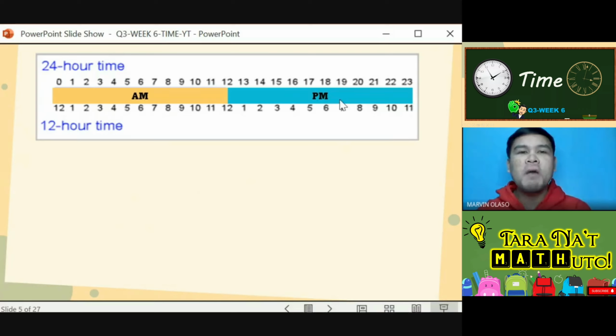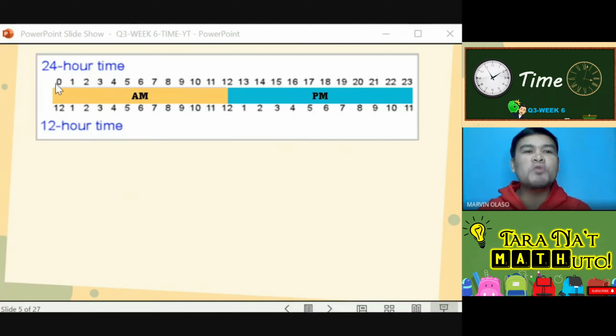So it refers from 12:01 p.m. up to 11:59 p.m. Yung AM naman, starting with 12:01 a.m. up to 11:59 a.m. Ayan. In 24-hour clock system, time is written as the number of hours that have passed since midnight.